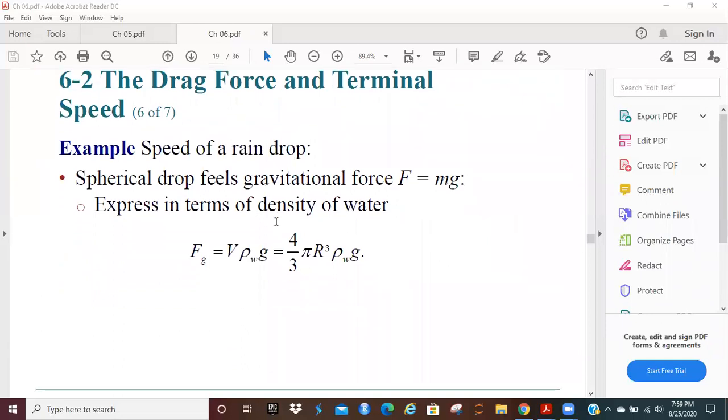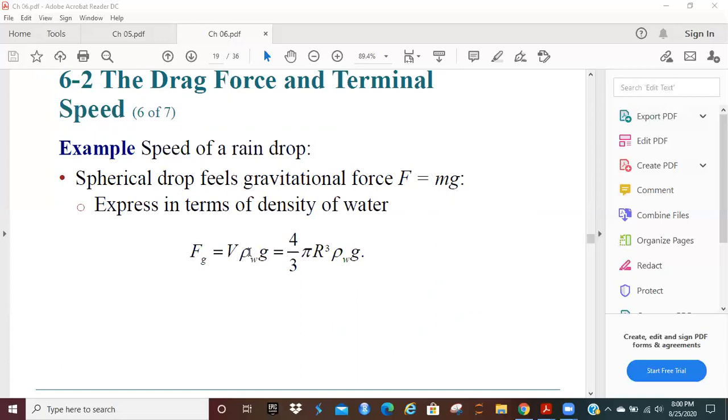So let's take a look here. Speed of a raindrop. A spherical drop feels gravitational force. If you want to express that in terms of the density of water, then you take the gravitational force, and that's equal to, oh, where did all of this come from? Well, the gravitational force is going to be mass times gravity, right? Well, there's gravity.